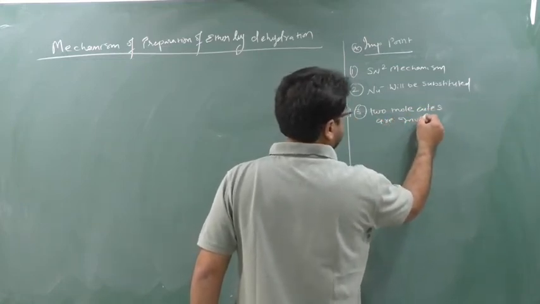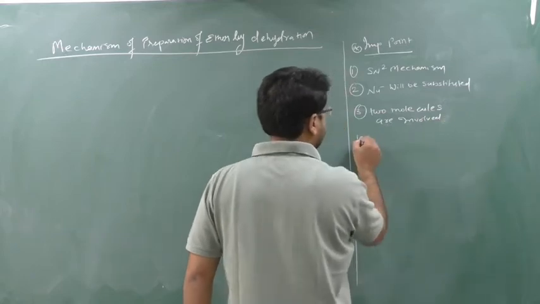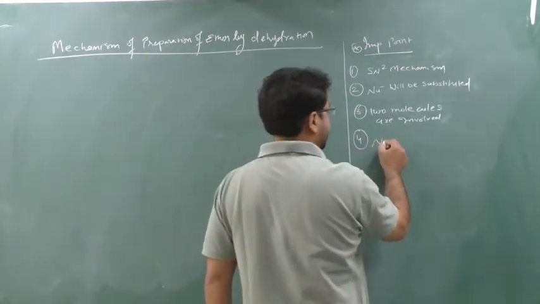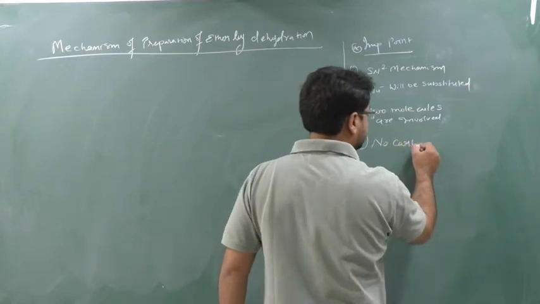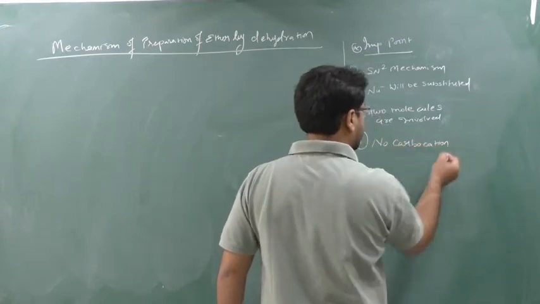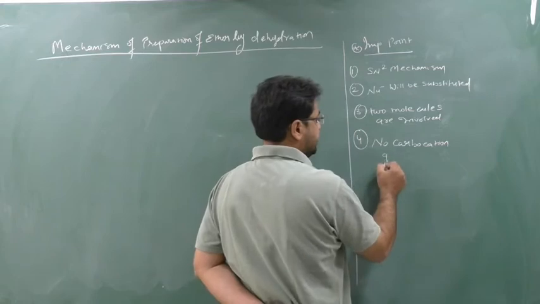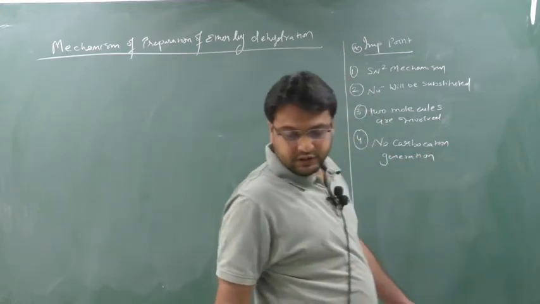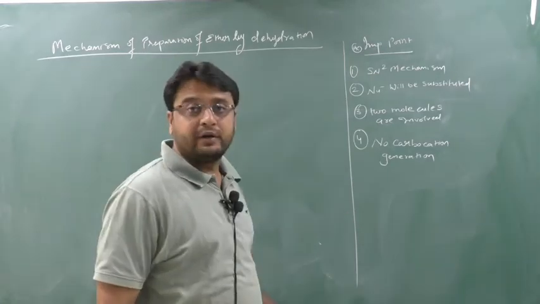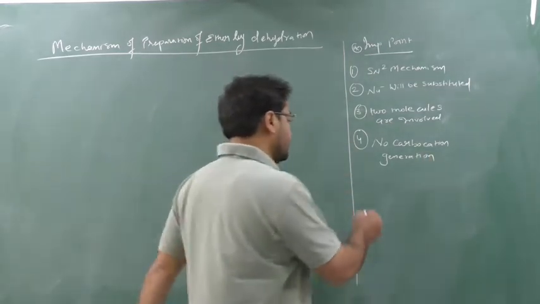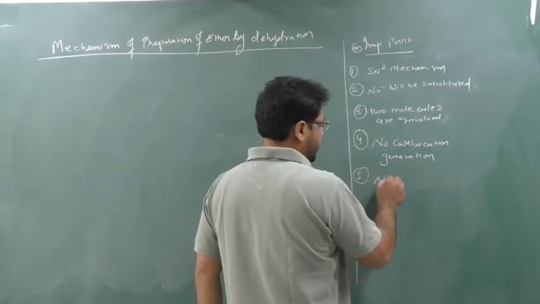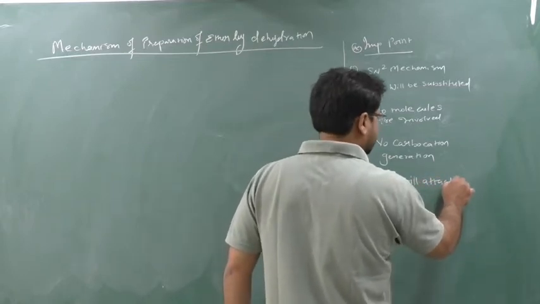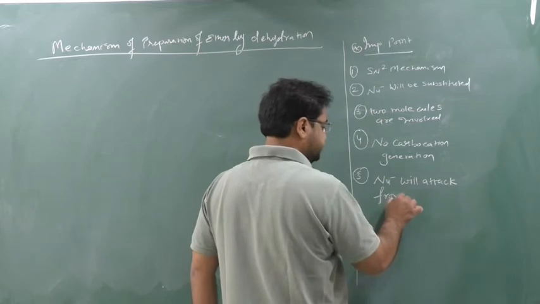Yes or no? As you know, in SN2 mechanism there will be no formation of carbocation, so no carbocation generation. Sir would have told you all this. Okay, and the nucleophile will attack from where? Backside. So fifth, the nucleophile will attack from backside.